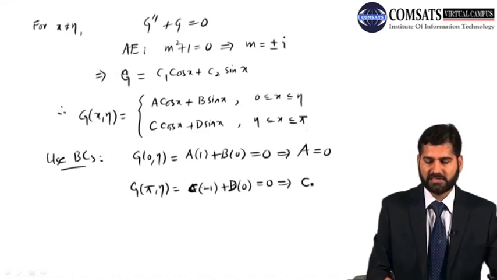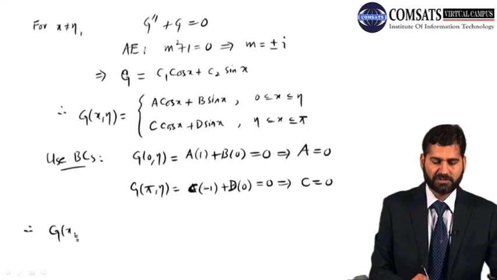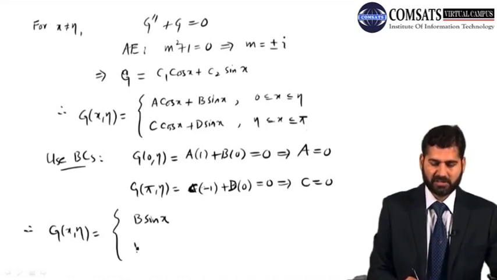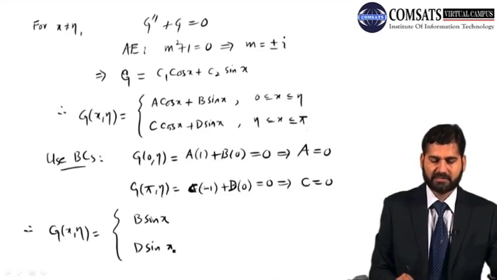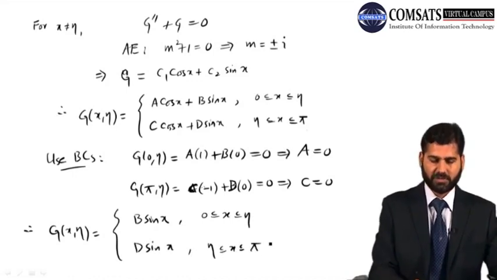So this implies that c is equal to 0. So therefore your Green's function reduces to 2 coefficients: a is 0, so it becomes b sine x, and c is 0, so it is d sine x, for x from 0 to eta and x from eta to pi. Alright, so this is what we got.